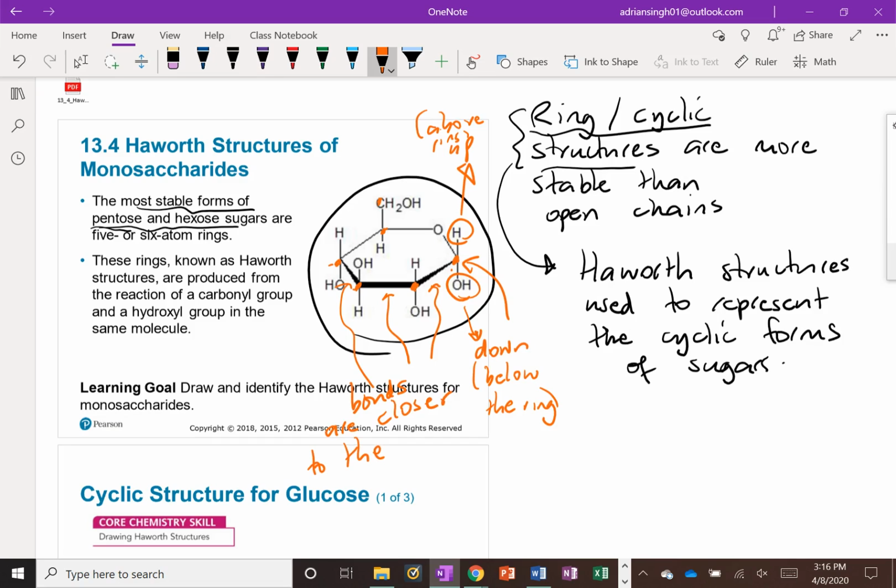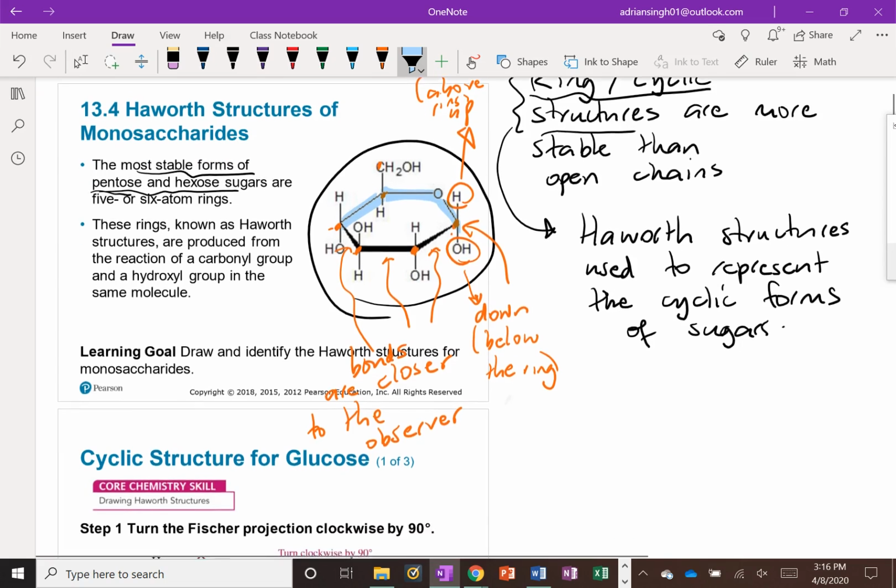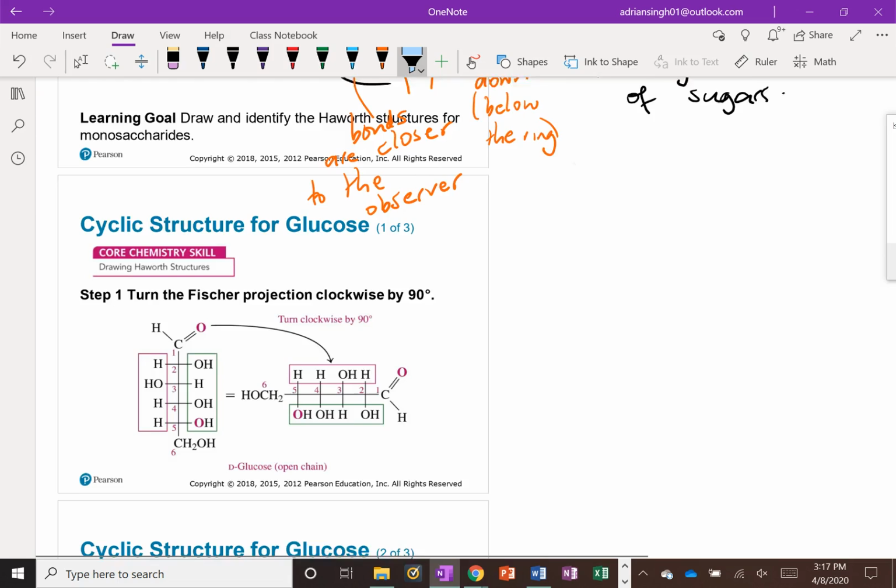That's all that the thicker lines mean. And the thinner bonds, like these ones here that I'm highlighting, are further away from you.